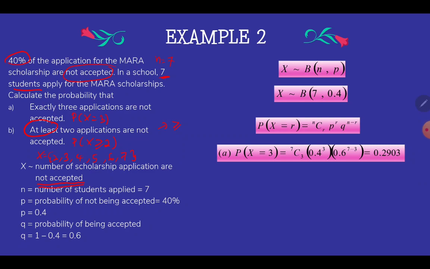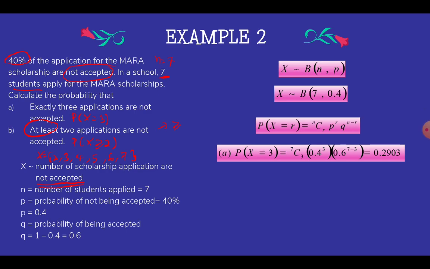We need to add up P(X = 2), P(X = 3), P(X = 4), P(X = 5), P(X = 6), and P(X = 7), which will be a long calculation, right? So we need to be wiser.